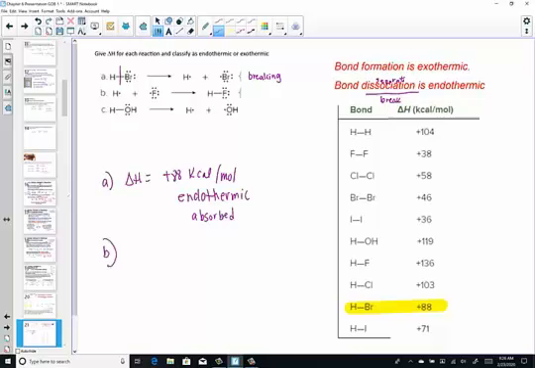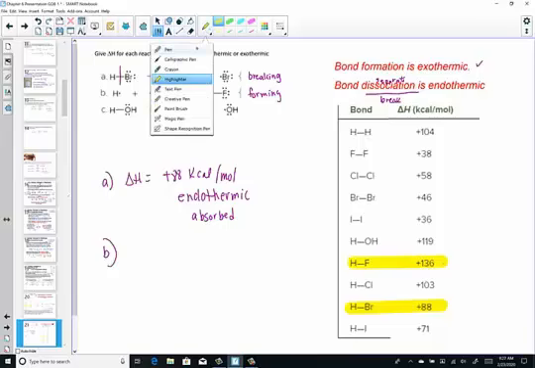How about letter B? Well, letter B is forming a bond. And to form a bond, we know is exothermic. So let's go to our bond dissociation chart and find HF. And of course, I see it right here.